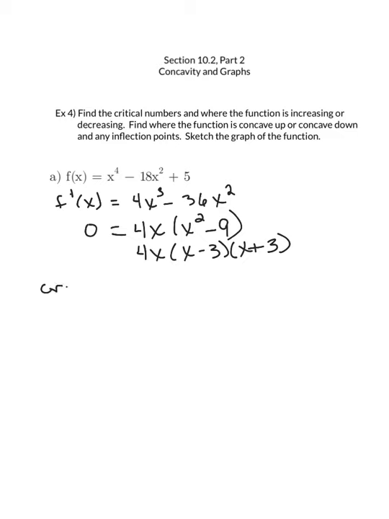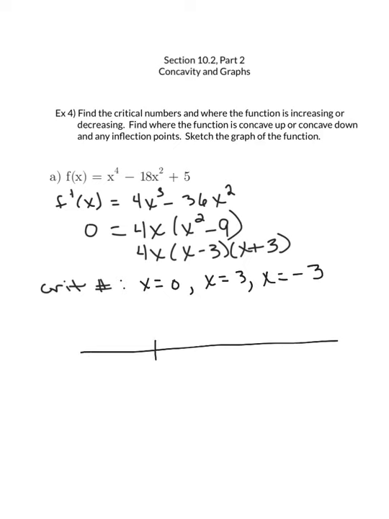So our critical values, or critical numbers, are x equals 0, x equals 3, x equals negative 3. So we're going to set those three numbers on the number line.